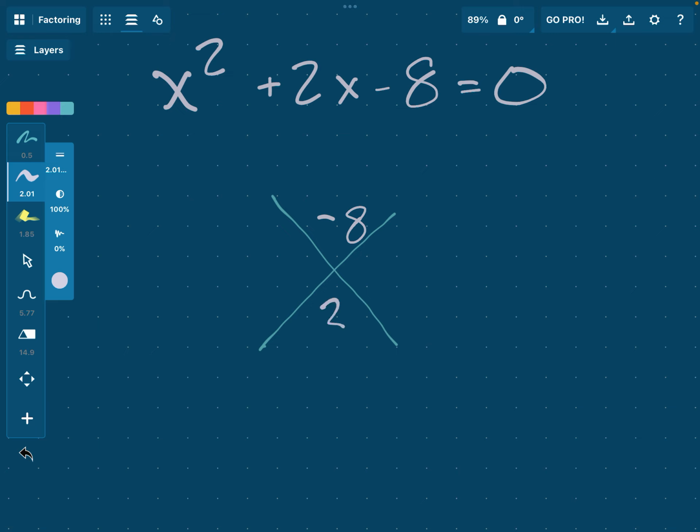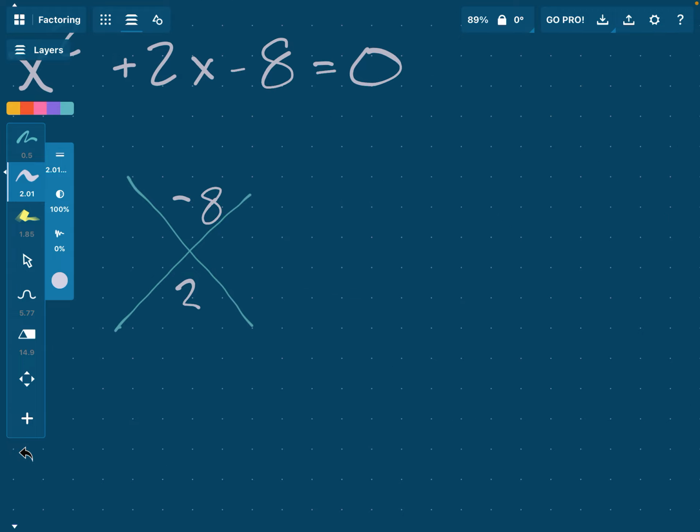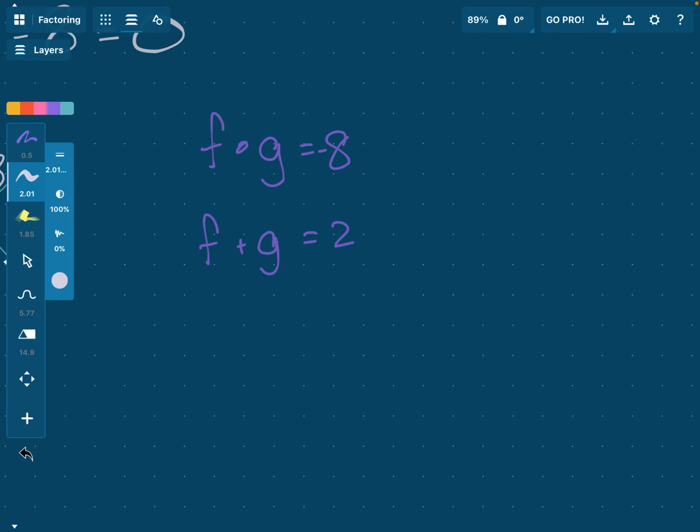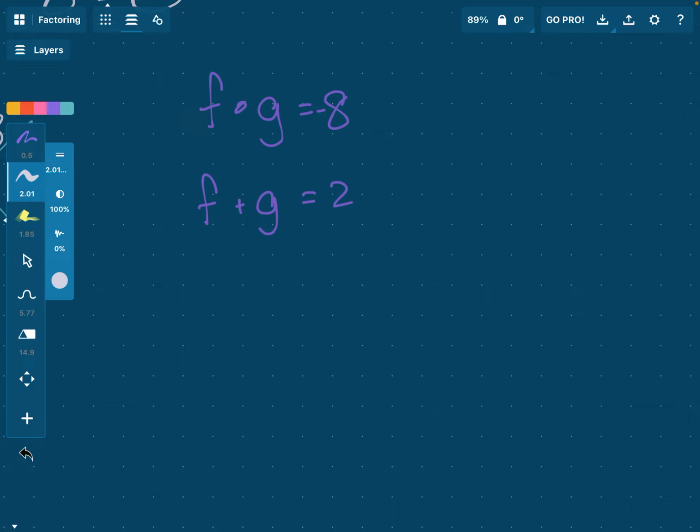So again, we're going to look for two numbers that multiply to negative 8, and we're going to look for two numbers that add to 2. So let's go ahead and start looking at the multiplicative pairs of f and g, or negative 8.